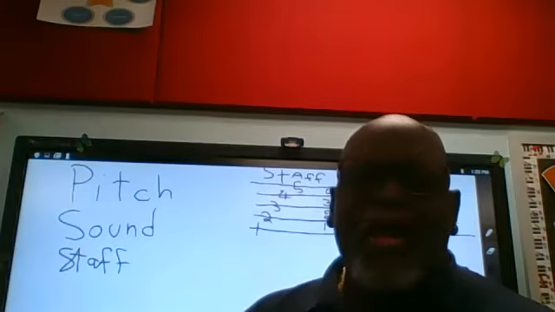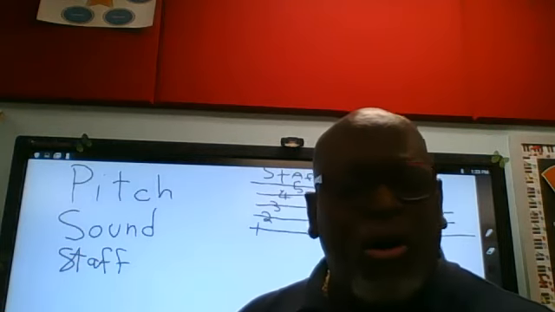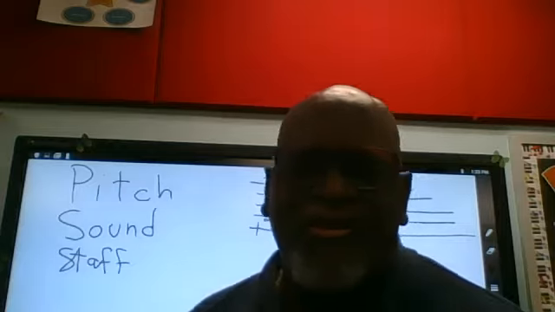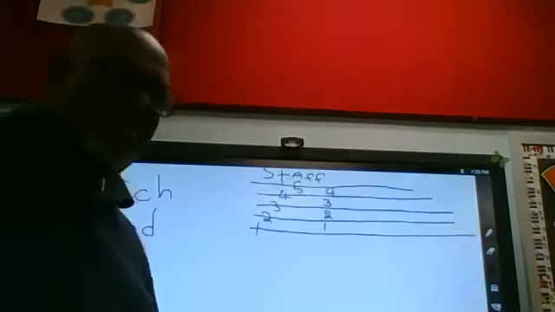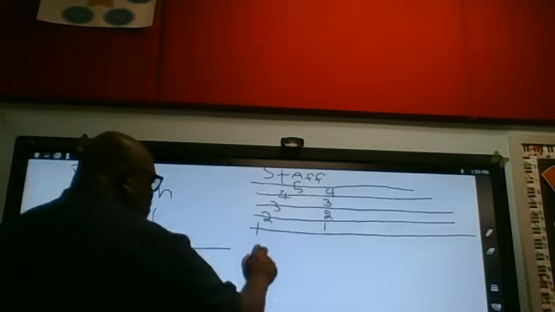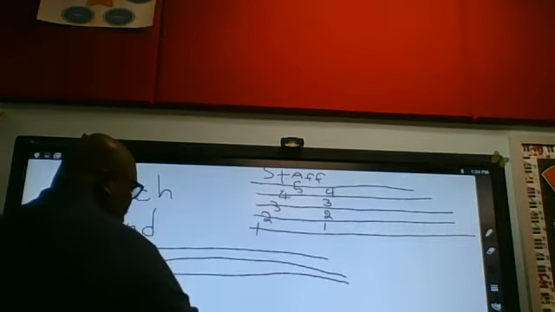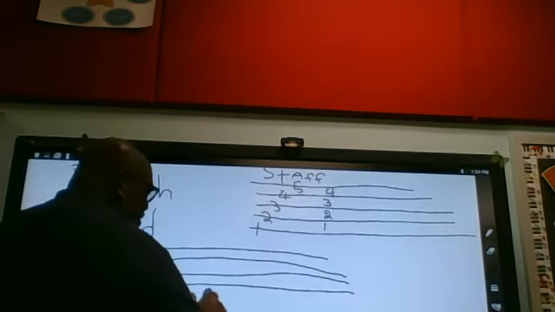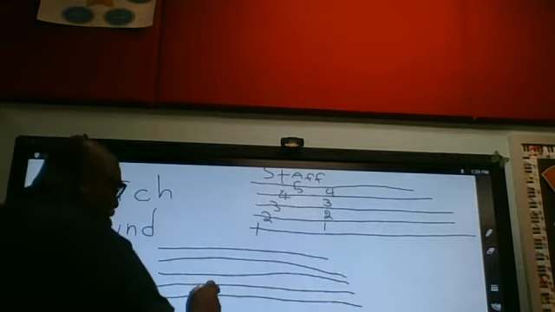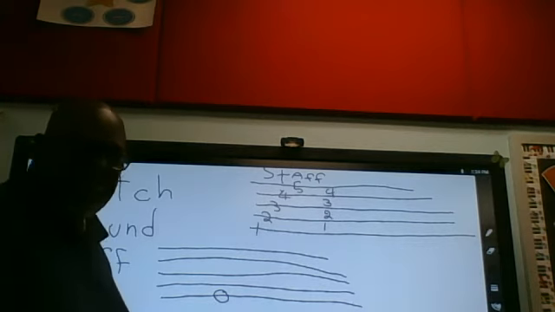So anyway, but how do you know whether a pitch is high or low based on the staff? That's a good question. I'm so glad you asked. Check this out. Now, when you draw a staff right here, 1, 2, 3, 4, 5. When you draw a staff on the board, if you put a note down here on the low end of the staff, the pitch is going to be low.